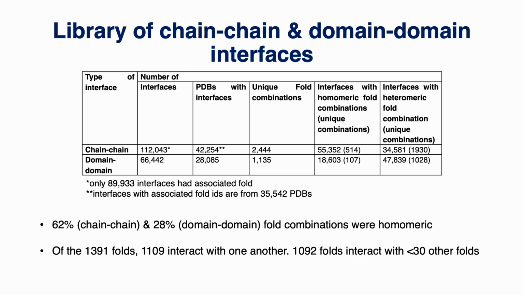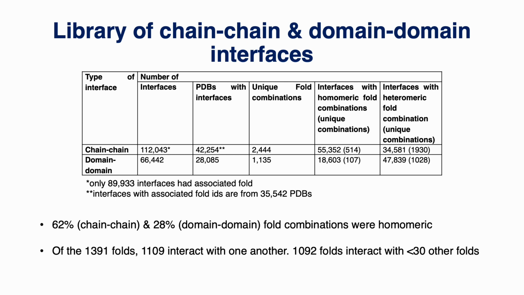The total number of domain interfaces that we have is about 66,000, and they belong to around 28,000 PDBs and some 1100 fold combinations. However, only 28% of the domain interfaces were homomeric, which belong to 107 fold combinations, and the number of heteromeric fold combinations that we have in domain interfaces is around 1000.